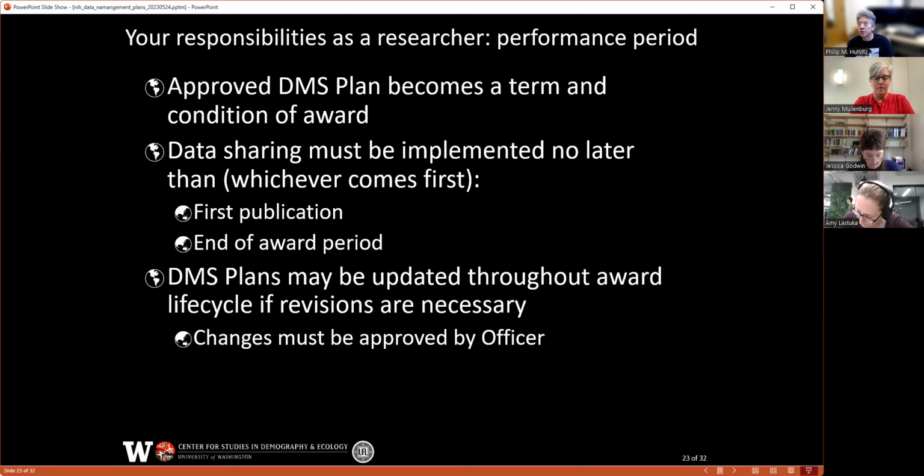Again, because a lot of things change during research, the DMS plans themselves may be updated. If it's found that there's something you didn't consider that you need to do more on, or there's a whole part of this that we actually don't need to do, then that can be an amendment to your plan.